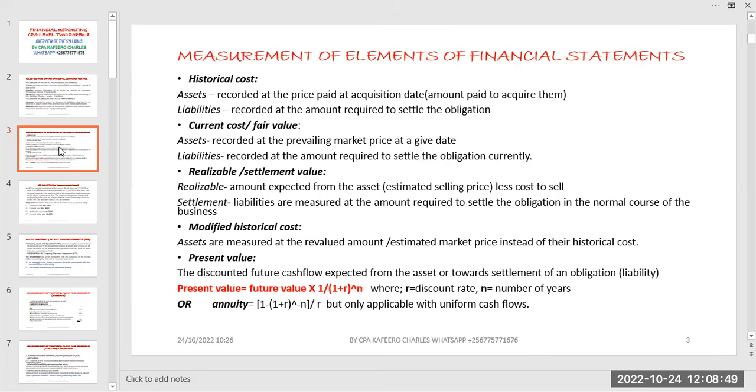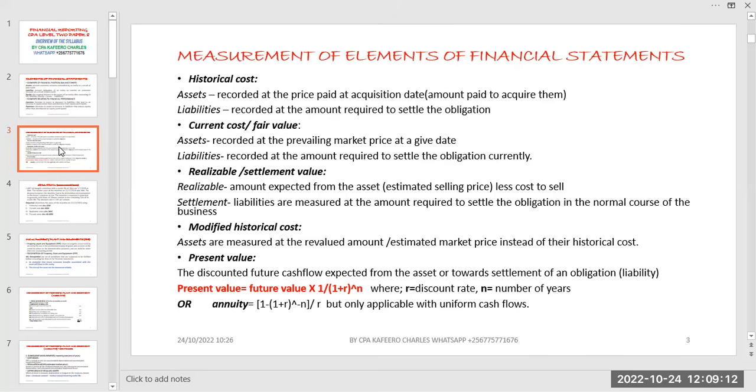And you may find it is even otherwise. You may find that the asset you acquired at 10 million is now valued at 8 million or 5 million. So we are saying assets are measured at the revalued amount or estimated market price instead of their historical cost.